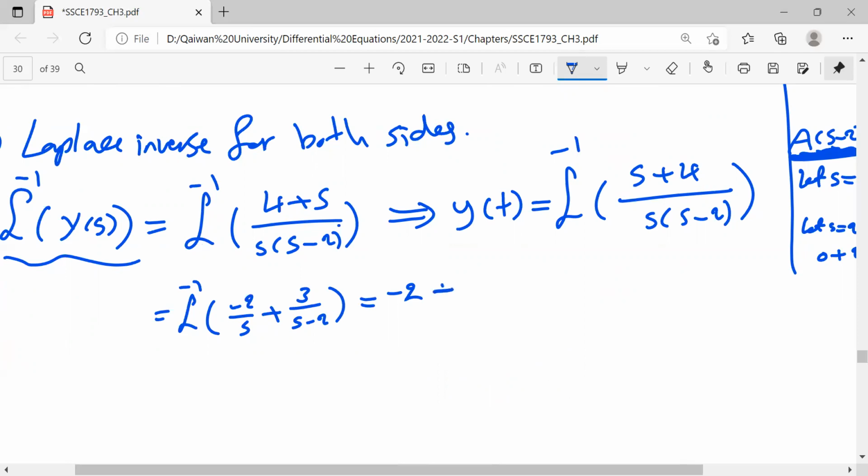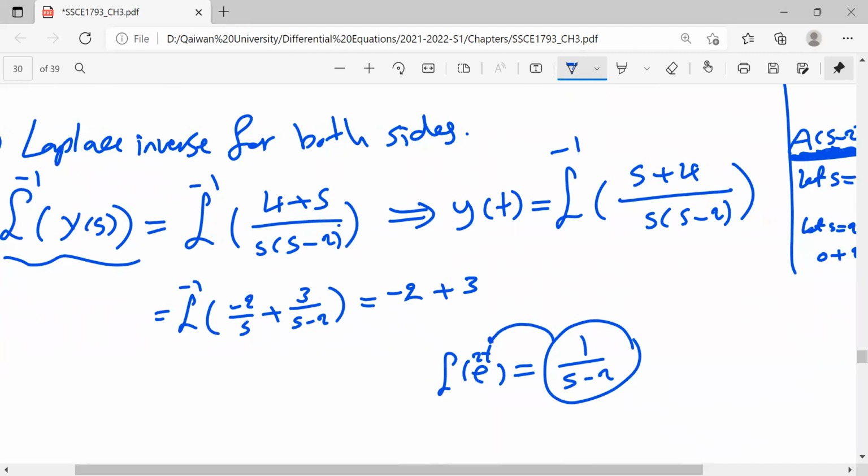Then plus 3 times 1 over s minus 2. It is the Laplace transform of e to the power 2t, so the Laplace inverse of 1 over s minus 2 is e to the power 2t.